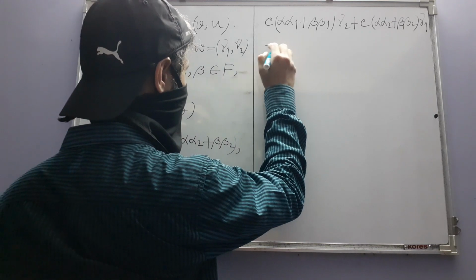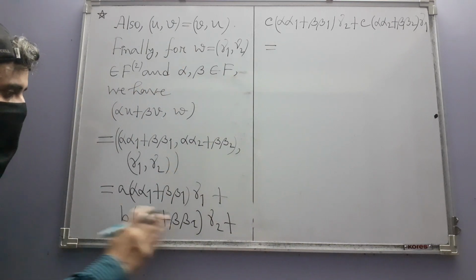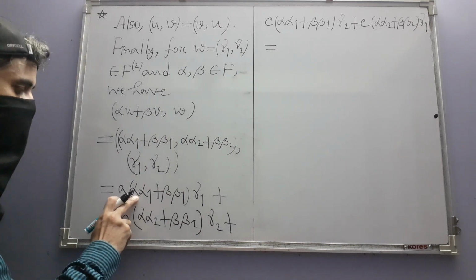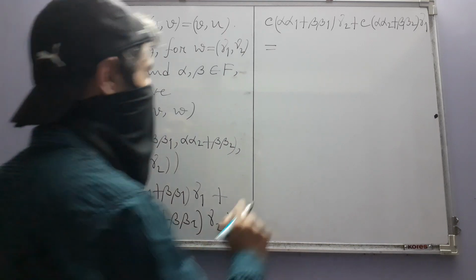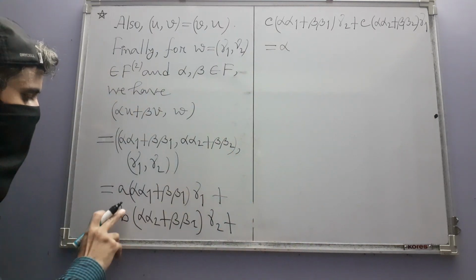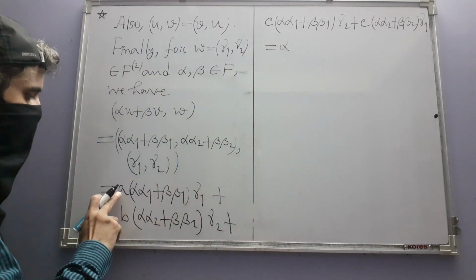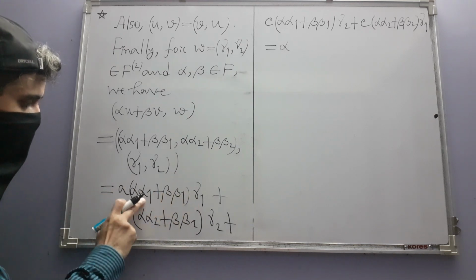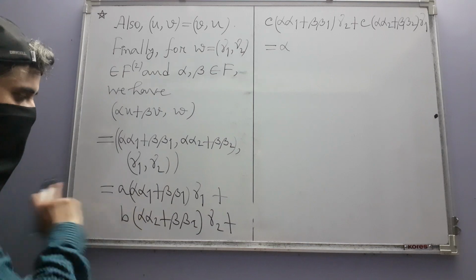Now if we look carefully, there are some terms from which we can take alpha common out. This is one of them. And if we take alpha common out, then the other term will be A alpha 1 gamma 1. Do you see this? A alpha 1 gamma 1. We are taking this alpha outside.